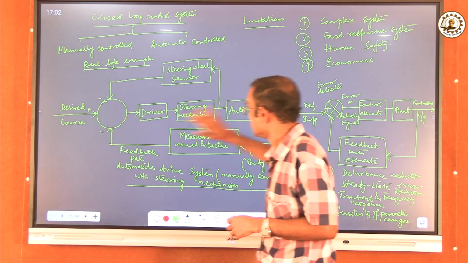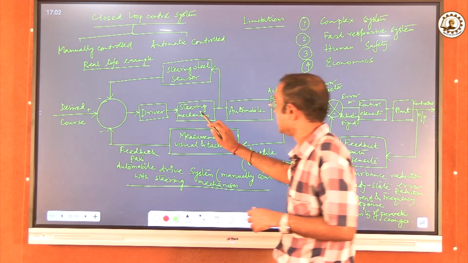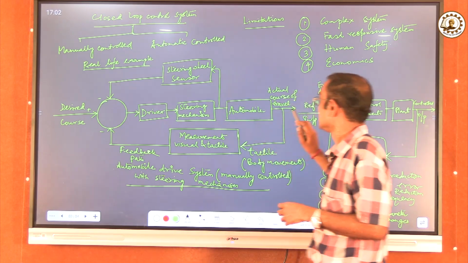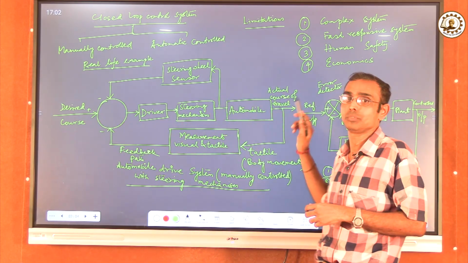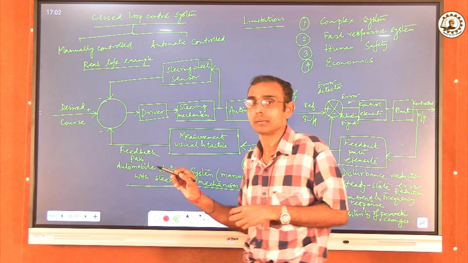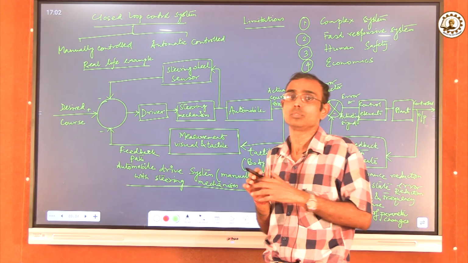Now up to this point, the desired course, the driver, the steering mechanism, the automobile, and the actual course of travel, this path, which is called the forward path in this diagram, is absolutely open loop. The loop is not created.